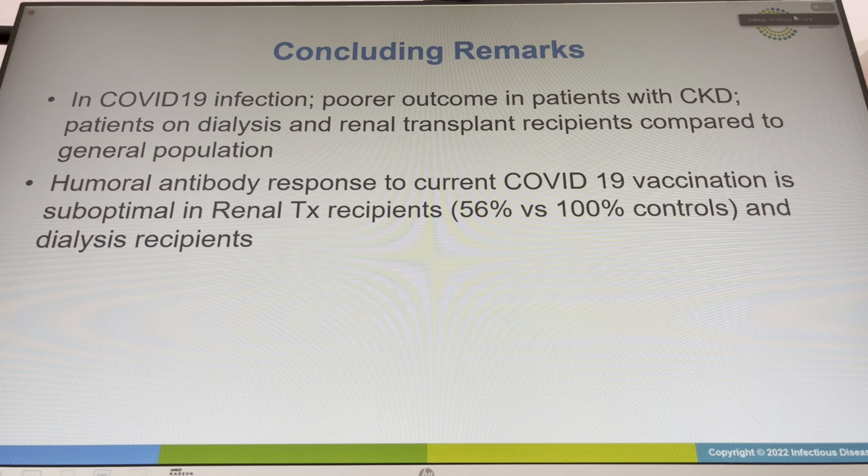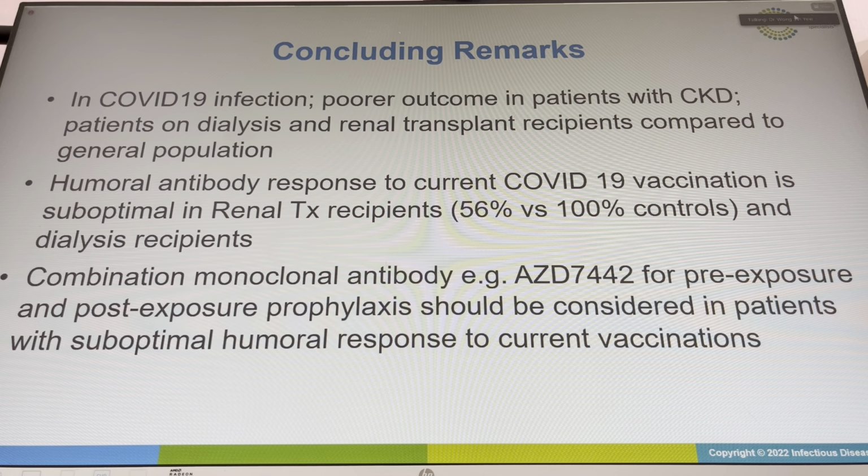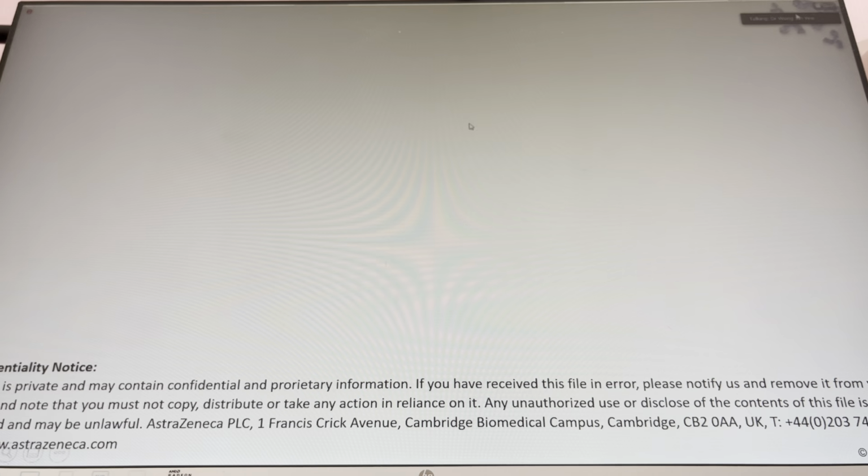And the humoral antibody response to our currently available COVID-19 vaccinations is suboptimal, both in our dialysis populations and obviously in our renal transplant recipients. And so a combination monoclonal antibody like Evusheld for pre-exposure and post-exposure prophylaxis should be considered in such a setting. So with that, I'd like to end, and I think we're going to take questions now.